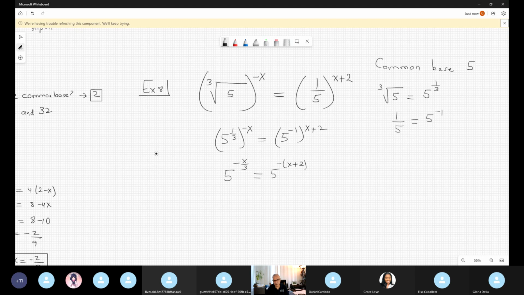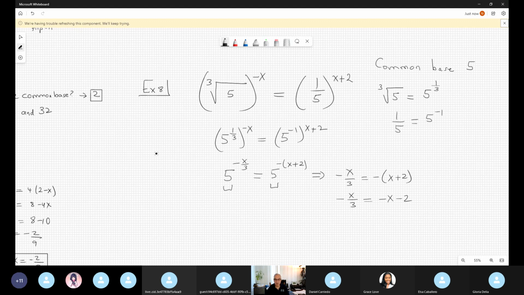If you want, you can directly do that. But either way, now ready with exponentials of the same base, therefore minus x over 3 is equal to minus parentheses x plus 2. You apply the distributive property. This is minus x minus 2, no?